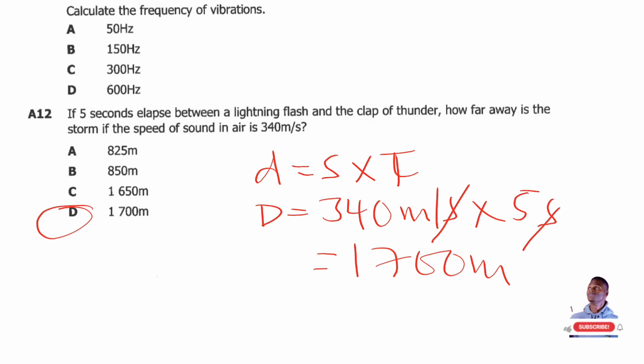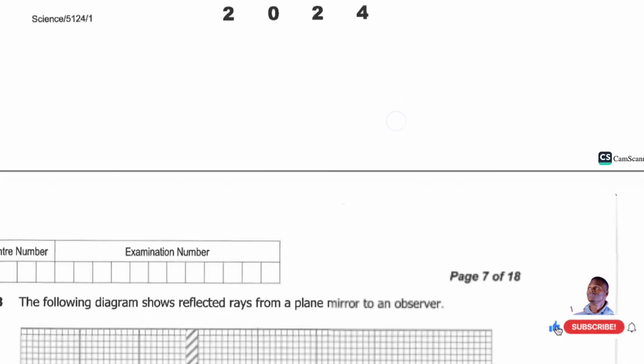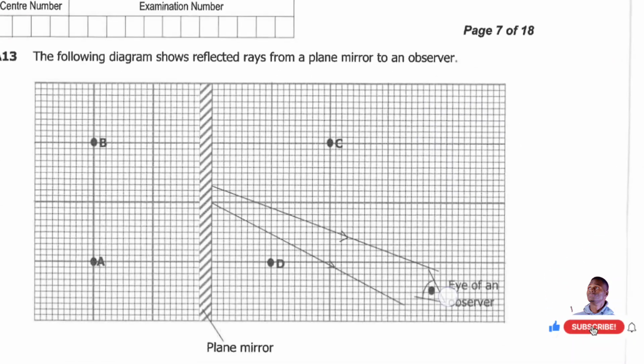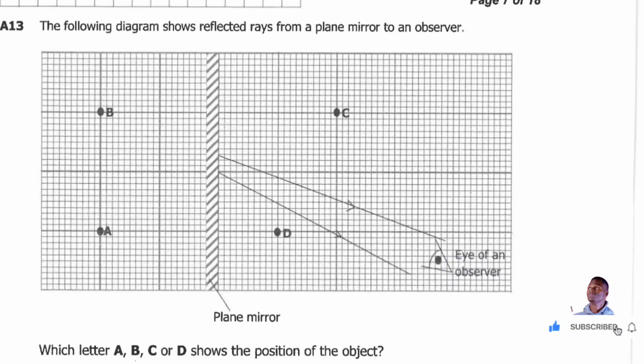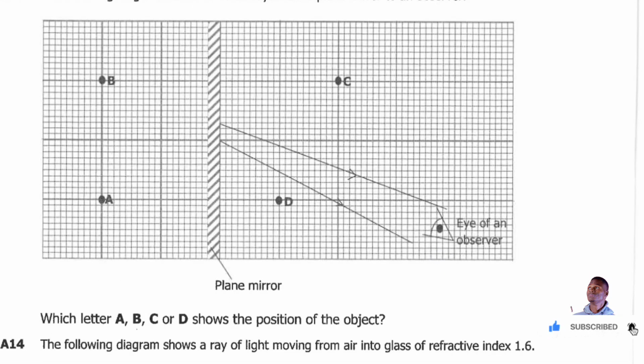Let's go to question 13. The following diagram shows a reflected ray from a plane mirror to an observer. You have the plane mirror here.